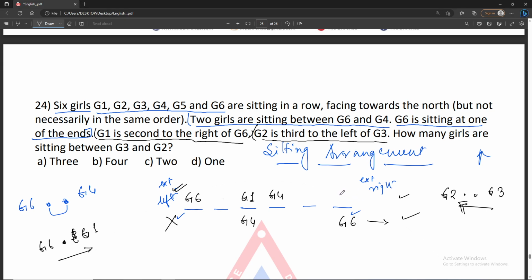So only one possibility is G2 sitting here and to the left. So G3 should be here, because G3 left: first, second, third left. So what is the last girl remaining? It is G5. So the arrangement is completed.